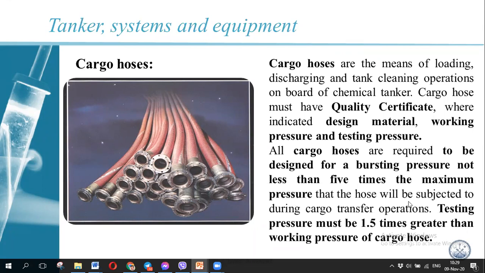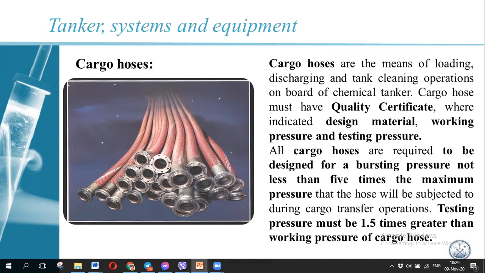Also, again, the testing pressure of the cargo hose must be 1.5 times greater than the working pressure. If you receive the cargo hose with a certification, in this certificate the manufacturer says, okay, this cargo hose must work at 8 bar pressure. The working pressure is 8 bar. So every year, every 12 months, you have to test it and issue an on-board certificate with a pressure of 12 bar, so 1.5 times greater.